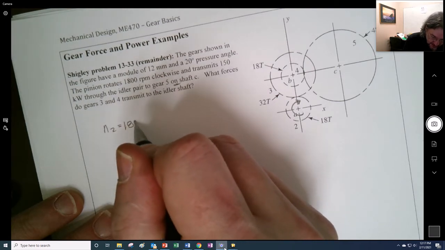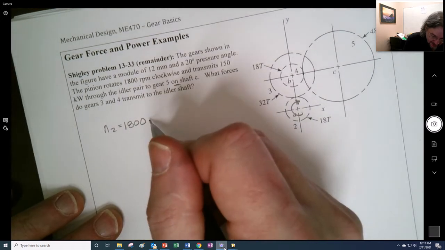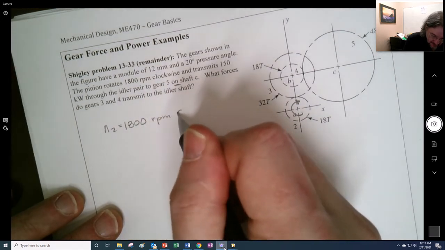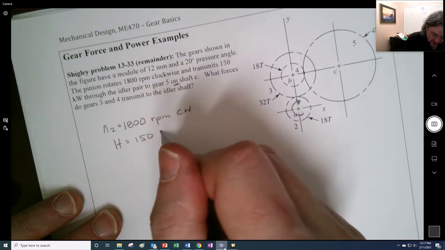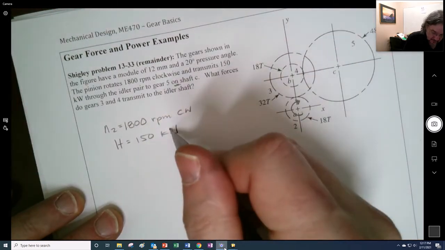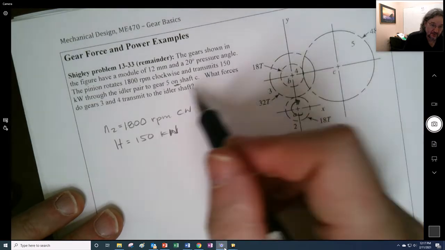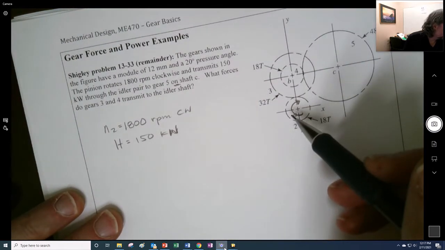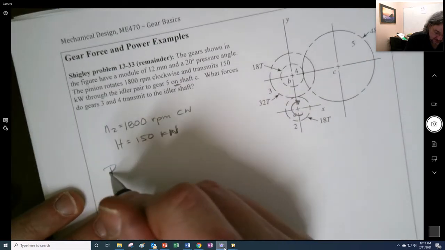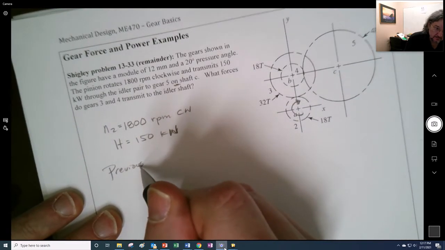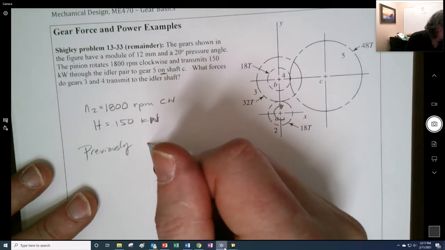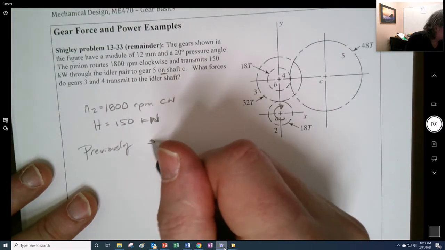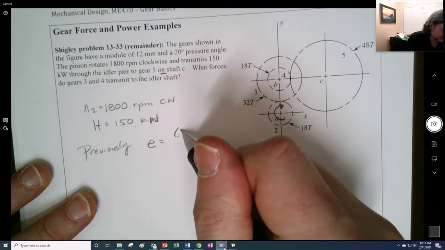So 1,800 RPM clockwise. The power is 150 kilowatts, and we're trying to find the forces that are on 3 and 4. Previously, we can look up that video, we found that the number of teeth on this one was 18.